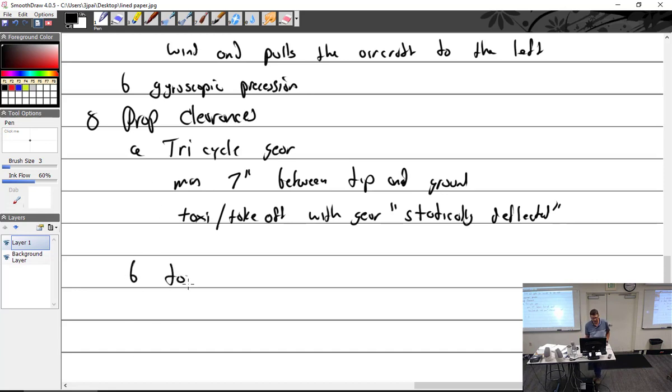Tail wheel. Nine inches. These are manufacturer requirements. These are FAA for the manufacturer.